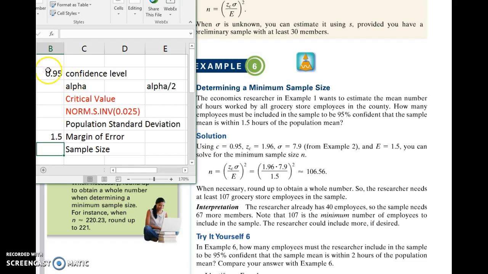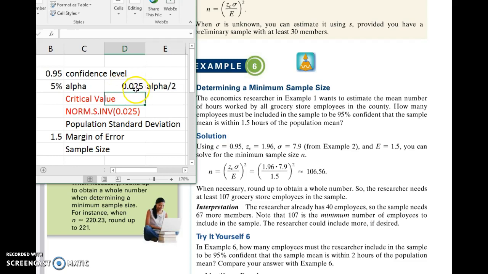All right, so if we have a 95% confidence level, that means our alpha is going to be 0.05 or 5%. So 95% of our samples are going to fall in between our critical values. That means there's 5% in the tails. So each tail is going to have half of that, so 5% divided by 2.